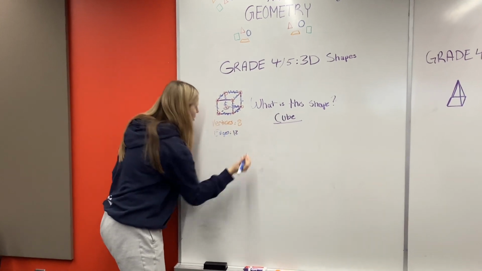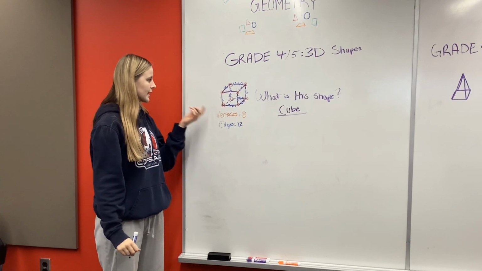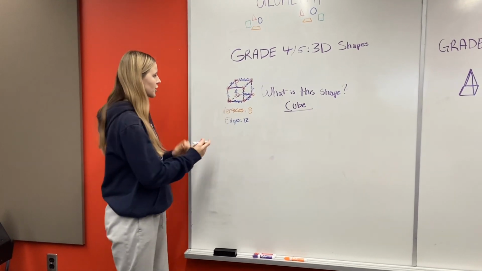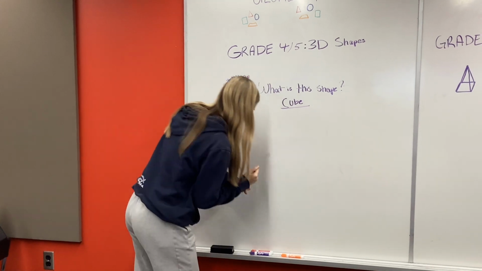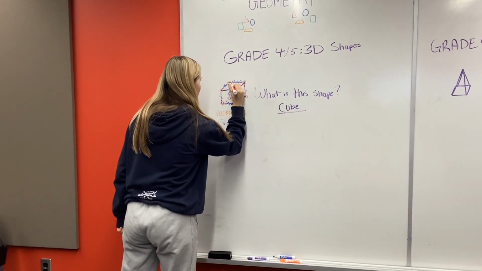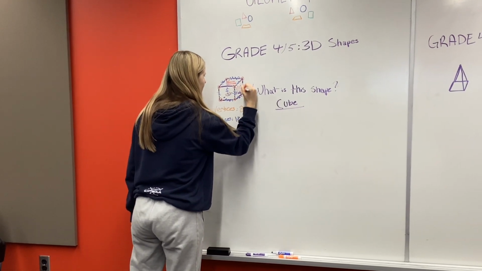And lastly, we're going to do faces. So the face is where the edges and vertices meet to create the face of our shape. So on a cube, we're going to do this in red. This is our face. This is another face.